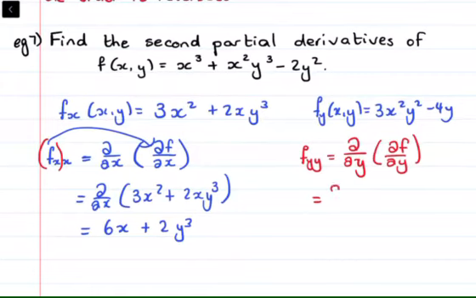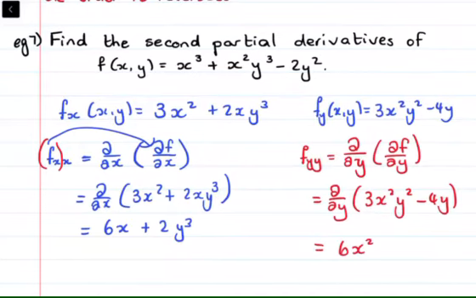So we have the partial with respect to y of 3x squared y squared minus 4y. This is equal to 6x squared y minus 4. So if I ask you to find the second partial derivatives, it means that I want fxx, fxy, fyx, and fyy.